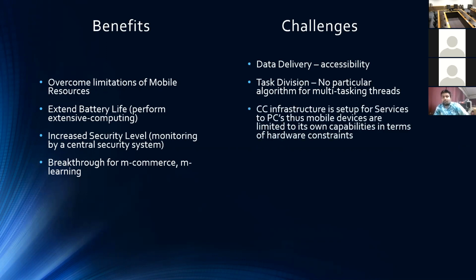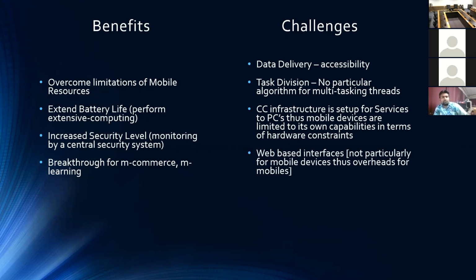The cloud computing infrastructure was initially set up for services to PCs, so there is a difference when using a mobile device, which is limited by its hardware constraints. Web-based interfaces are not designed for mobile devices, thus there is overhead for mobiles.